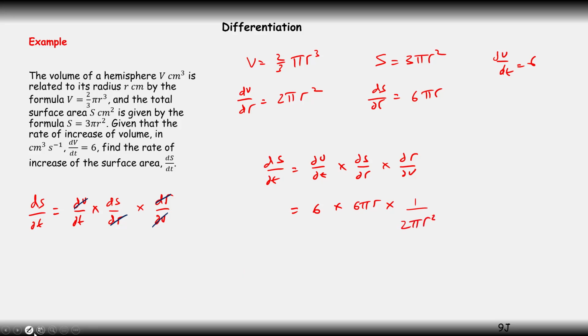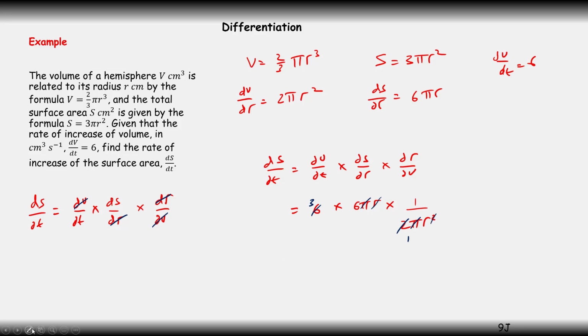And I can cancel then some of these terms. 2 goes here 1 time and 2 goes into 6 3 times. Pi's cancel, and the radius here cancels with one of the radiuses here.